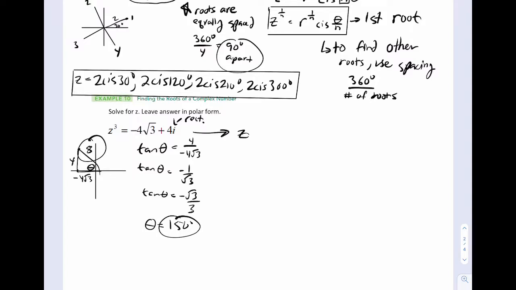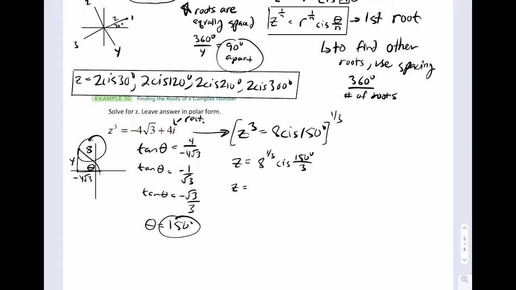Now we can rewrite this as z cubed must be 8 cis 150 degrees. Now we're going to apply the 1/3 power. So z is going to be 8 to the 1/3 cis 150 over 3.